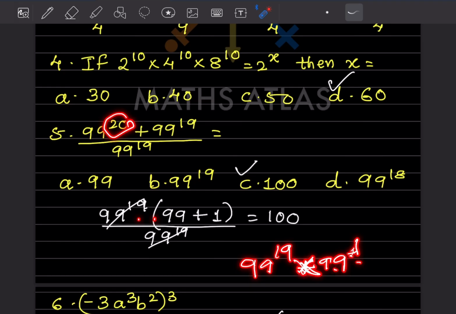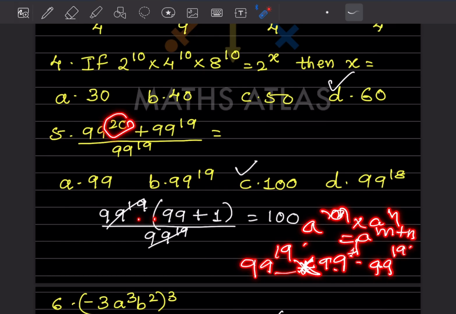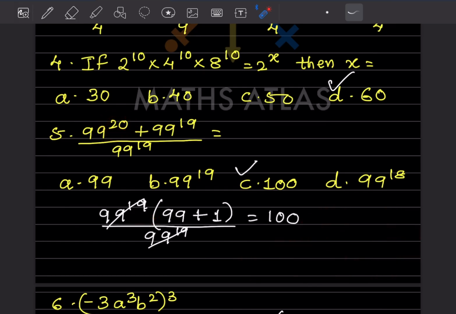That is a^m into a^n, that will be a^(m+n). So here that will be 99 raised to 19 plus 1, that will be 99 raised to 20. So here it will be just 99, because whenever the exponent is 1, we don't write 1. That is understood.